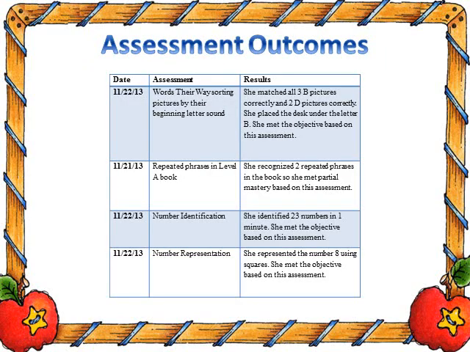After completing her assessments, she received the following results. In reading, for Words Their Way, she matched 5 out of 6 pictures under the correct corresponding letter, and after reading a Level A book, she recognized 2 repeated phrases. In math, she identified 23 numbers in 1 minute and represented the number 8 using squares.